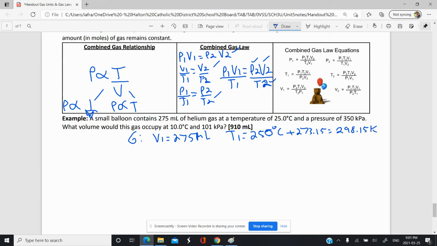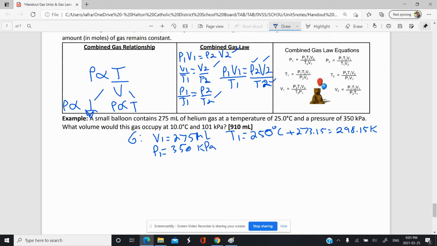So we have to make sure we write that as Kelvin when it comes to these types of questions. Now, we are also told the pressure, P1, is equal to 350 kPa.